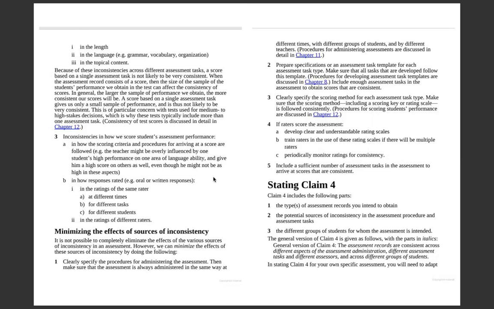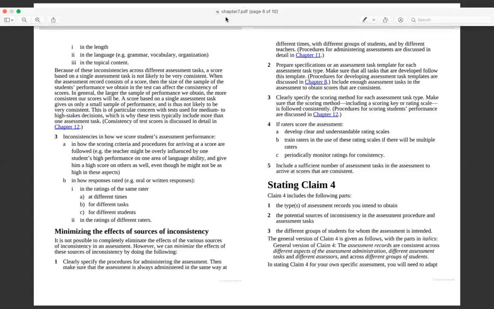Great. And that's all about the example of stating claim 4. Well, I'm going to try, because I see that Avi wasn't able to get these pages.